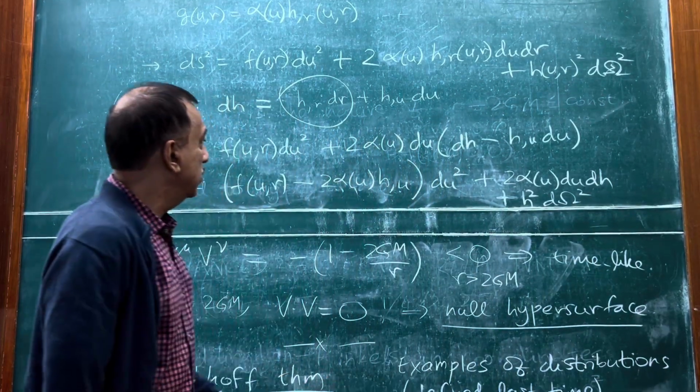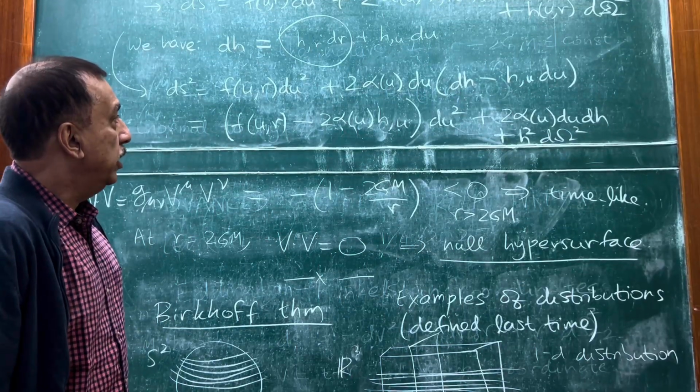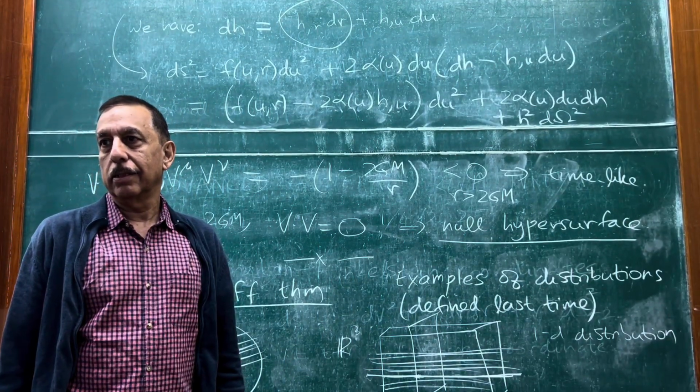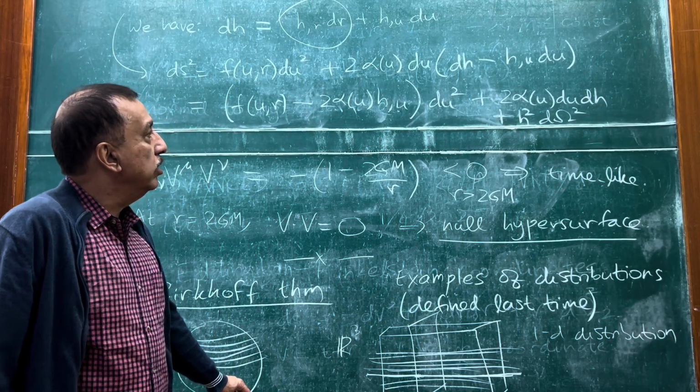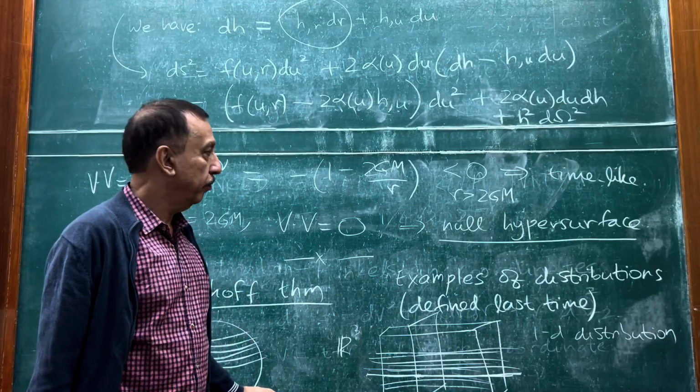And now what you can see is that I can choose H to be one of my coordinates. Okay, because the metric now is expressed in terms of d omega, du and dH only.